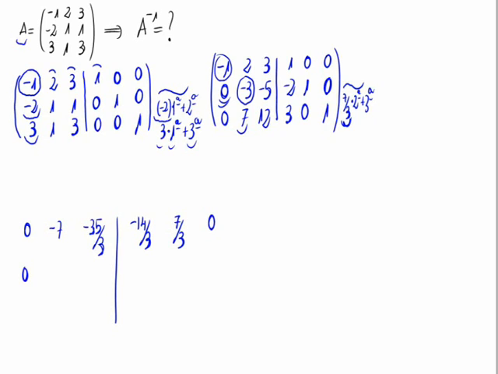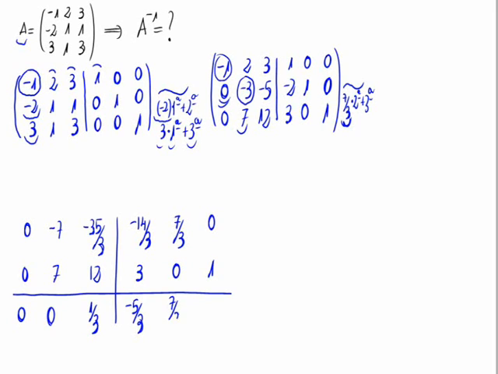Now we copy the third row: 0, 7, 12, 3, 0, 1. And now we add: 0 plus 0, 0; -7 plus 7, 0; -35 over 3 plus 12 equals 1/3; -14 over 3 plus 3 equals -5 over 3; 7 over 3 plus 0 equals 7 over 3; and 0 plus 1 equals 1.